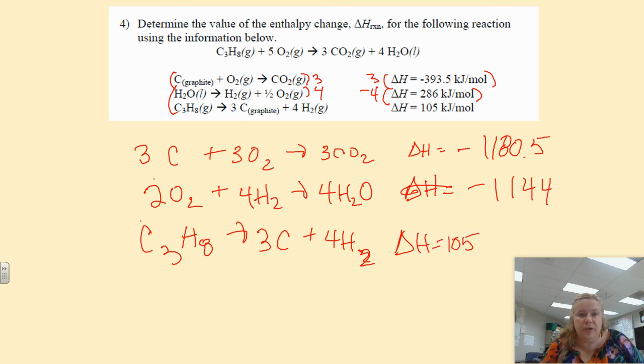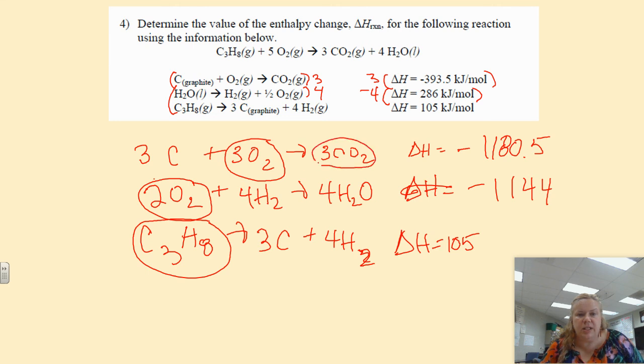So let's go through here and find out what we need to keep. We need to keep the C3H8. We have 5 O2, so we've got this here by 2 plus 3. And we've got 3 CO2 and 4 H2O. Let's see if we can cancel everything else. We have 3C on the product side here, 3C on the reactant side here, 4H2 on the reactant side, 4H2 on the product side.